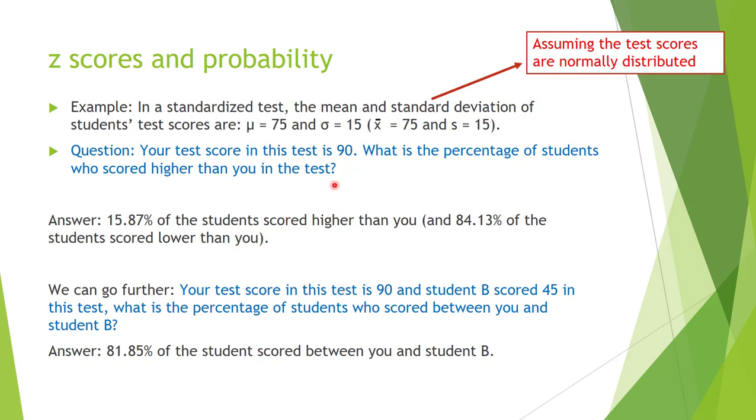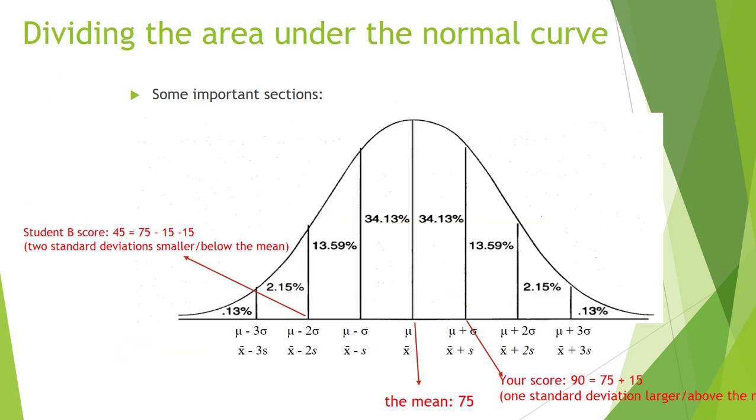You will ask me, how did I get these numbers? I'm going to show you how. Your score is 90. Remember, 75 is the mean, 15 is the standard deviation.